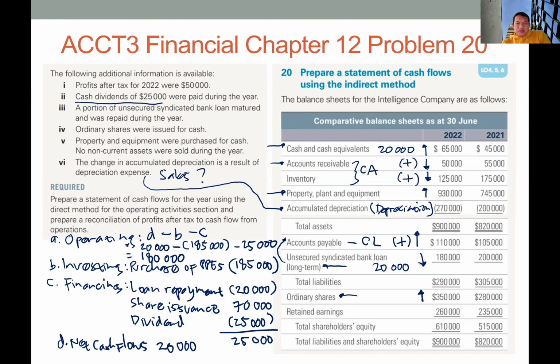So they should create another account, which is mature loan or loan due. But if they don't create another account, we assume that this mature portion is already included in the account payable. So that's why we don't use it in the indirect method. Okay, thank you. Any other comment?